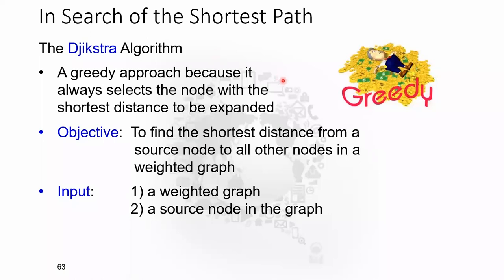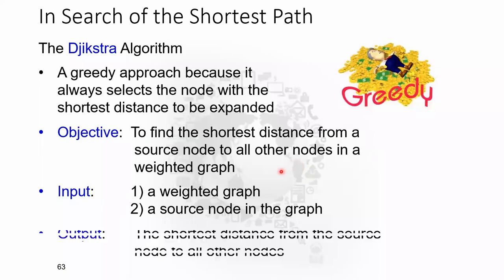So the objective is to find the shortest distance from a source node to all other nodes in a weighted graph. The input is a weighted graph and a source node in the graph. So one day, when you go shopping with your girlfriend or boyfriend, if you try to save some time, distance or toll fees, you can use Dijkstra's algorithm to find the shortest path.